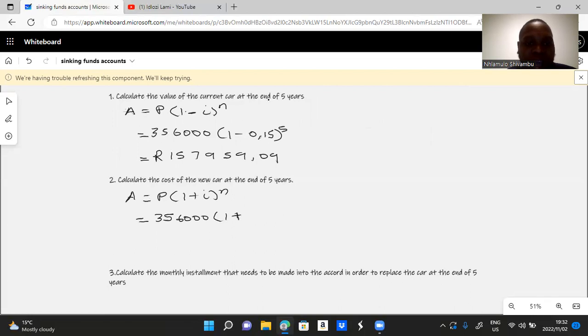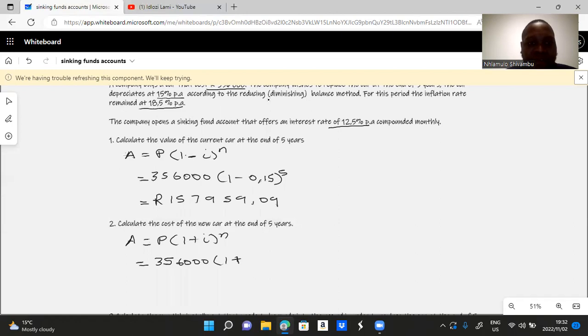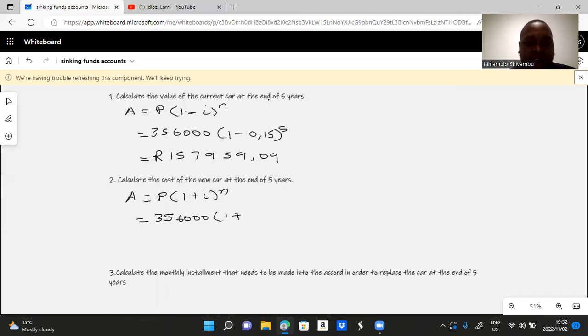So the i here will be the rate of inflation, and the rate of inflation that we have there is 18.5%. So for i, we're going to write 0.185, to the power 5. So we want to check how much the car will cost in 5 years' time. That will give us the price of the new car, which will be higher than 356,000.